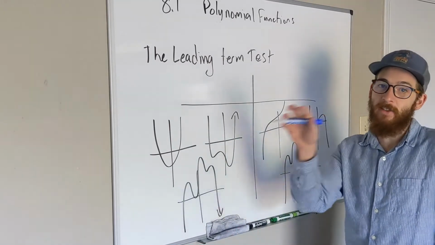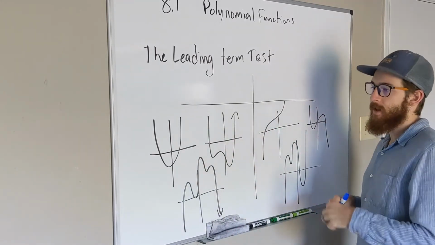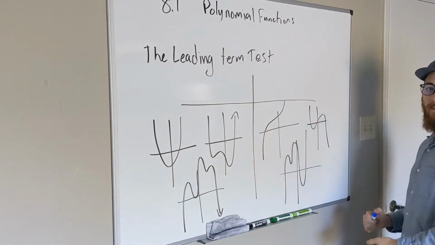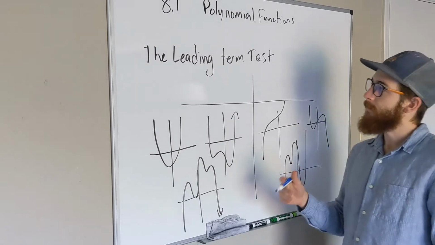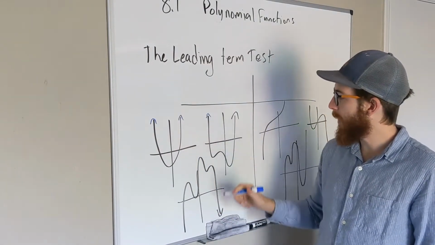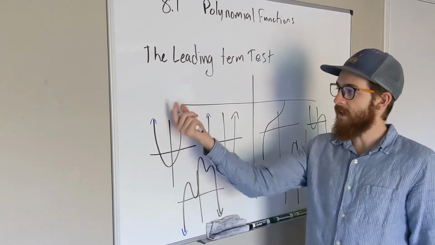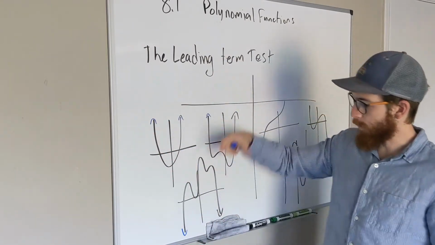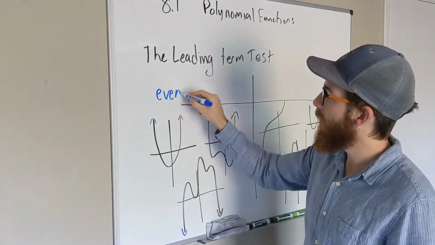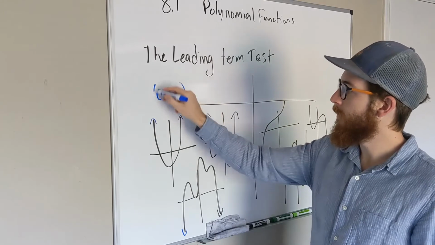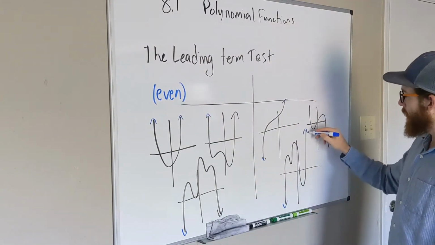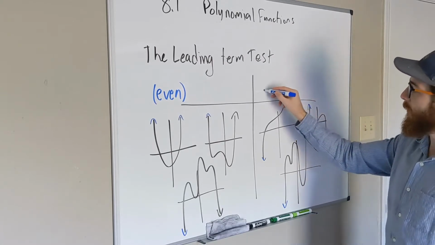If it is this or that, there are two options, then it looks like these on the left or these on the right. If the end pieces of our polynomial are facing both up or both down, it's an even function. If our pieces are going in opposite directions, it's an odd function.